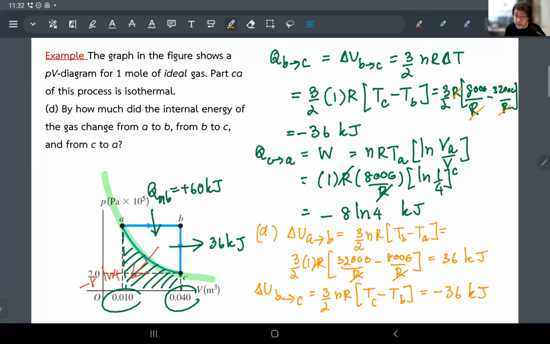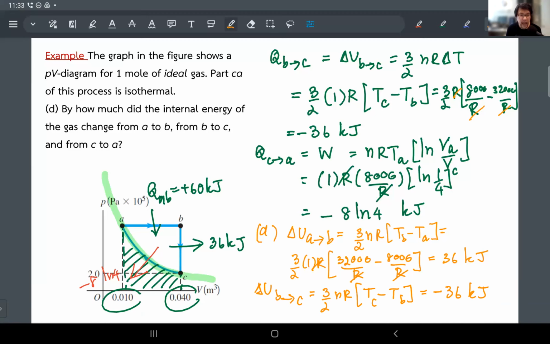Okay, a question comes in. Does UAB equal QAB minus WAB work as well? Yes, it does. And if you try to do that calculation, you get the same answer. Does it get a different value? No, it shouldn't.